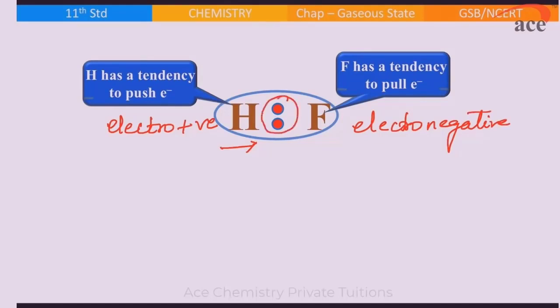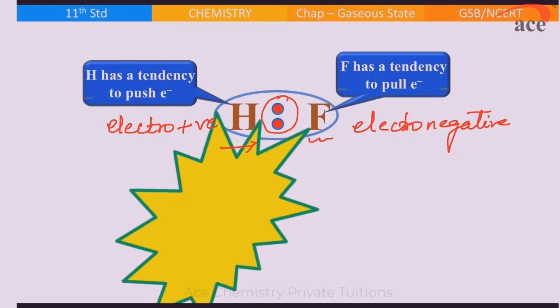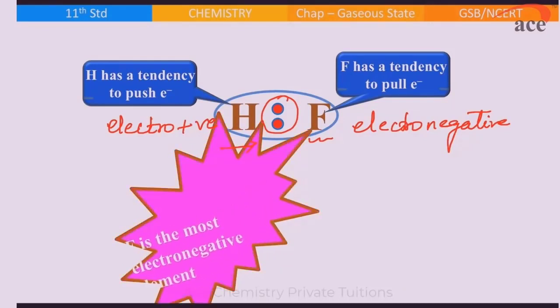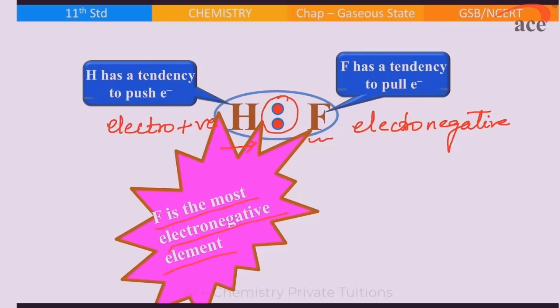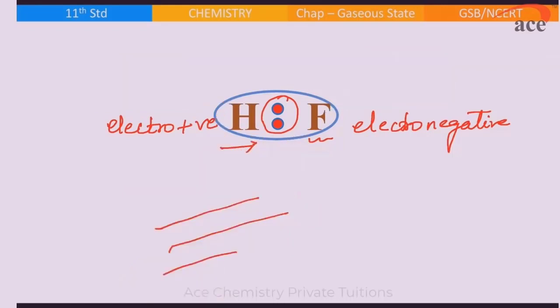So this shared pair of electrons will slightly drift towards fluorine. Okay? And fluorine is the most electronegative element in our periodic table.